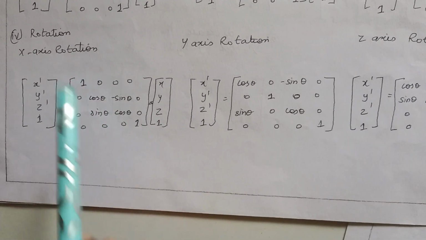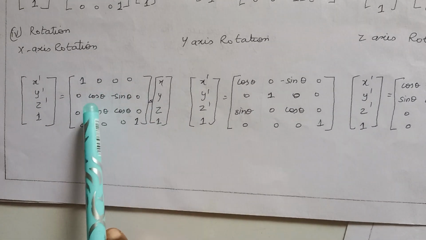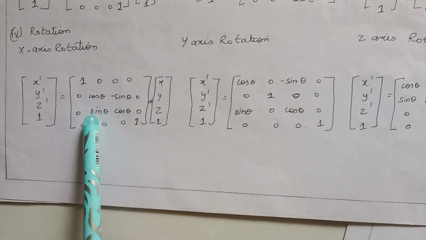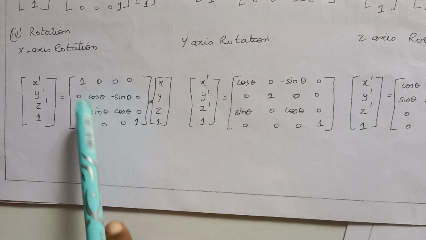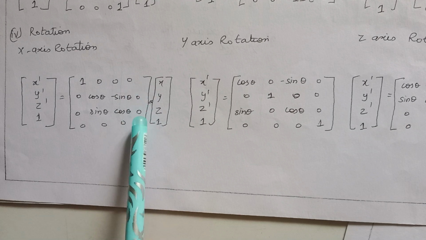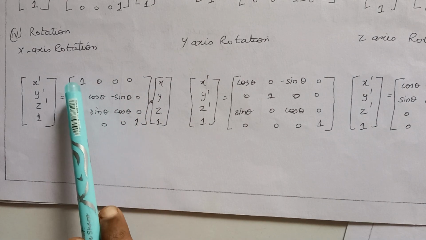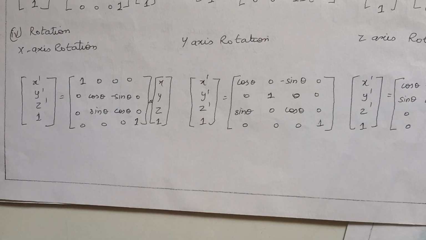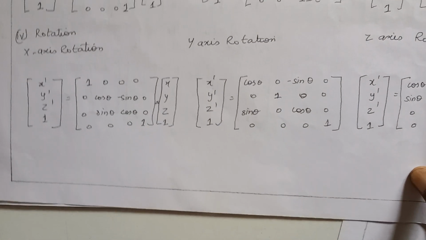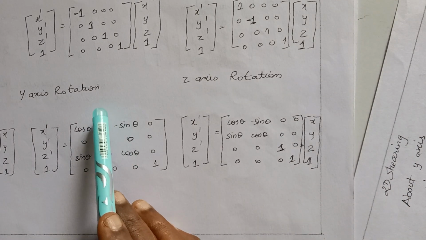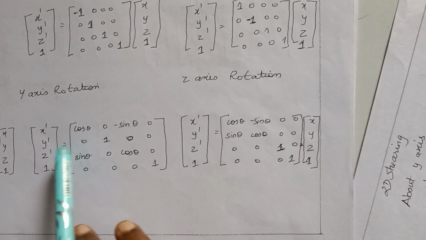So this is 1 and this is 1, and for the remainder write the values: cos theta, minus sin theta, sin theta, cos theta. You fill them in the middle. And at the end also it will be 0. The other places will be 0, and the diagonal will be 1. Similarly for y-axis rotation, how will we write it? The second row and second column will be zeros.